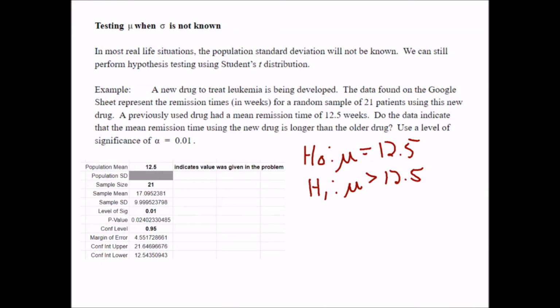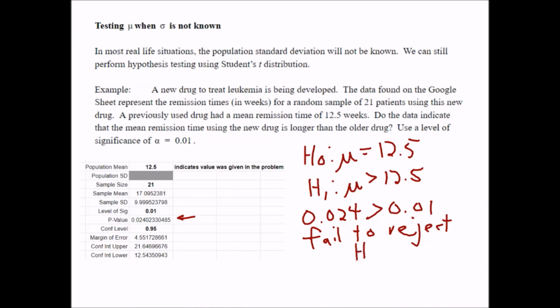We got a p-value of 0.024, which we're going to compare against the alpha, 0.01. 0.024 is greater than 0.01. So what we do is we fail to reject the null hypothesis.